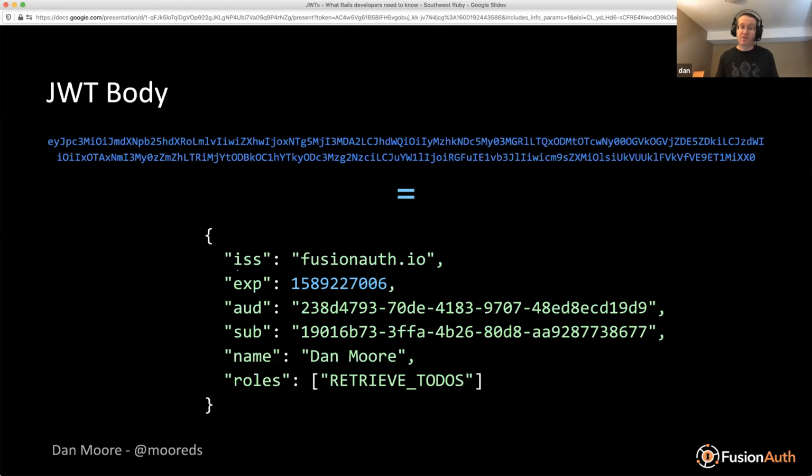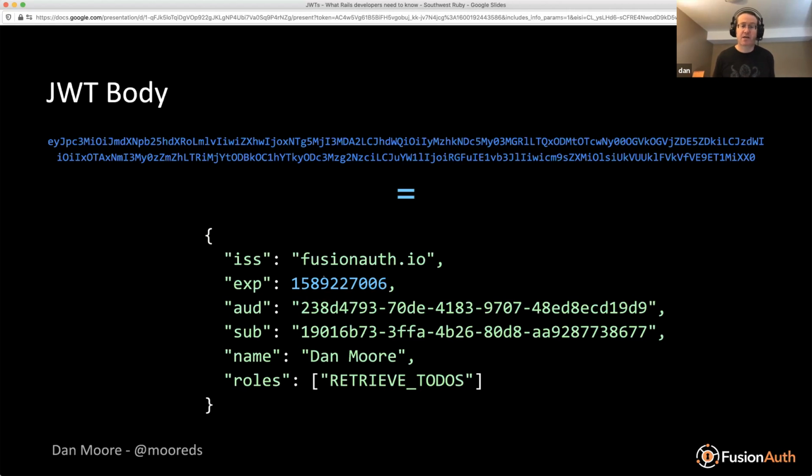So iss is one of those, which is the issuer of the JWT. That can be any kind of string, and what kind of string it is depends on who is building the JWT, but it needs to be something that a consumer of a JWT can use to say, who do I expect created this JSON Web Token? It is who I expected. I can move forward.